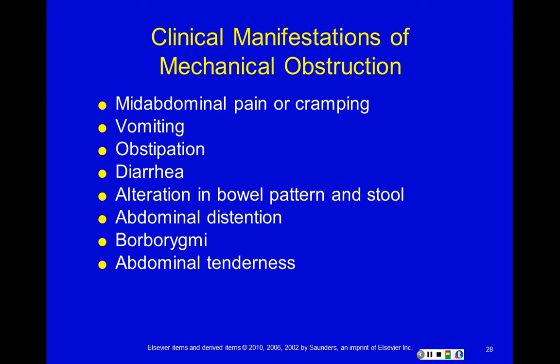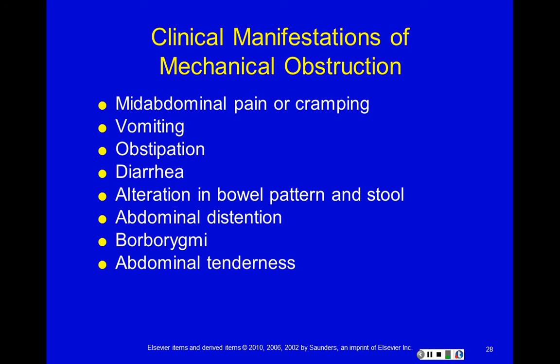Also, when we talk about the abdominal distension, the person is going to have ingested fluid and saliva and gastric juice and pancreatic enzymes. All these things are going to lead to the abdominal distension. Also, because of the distension of the bowel, it's going to interfere with peristaltic movement.